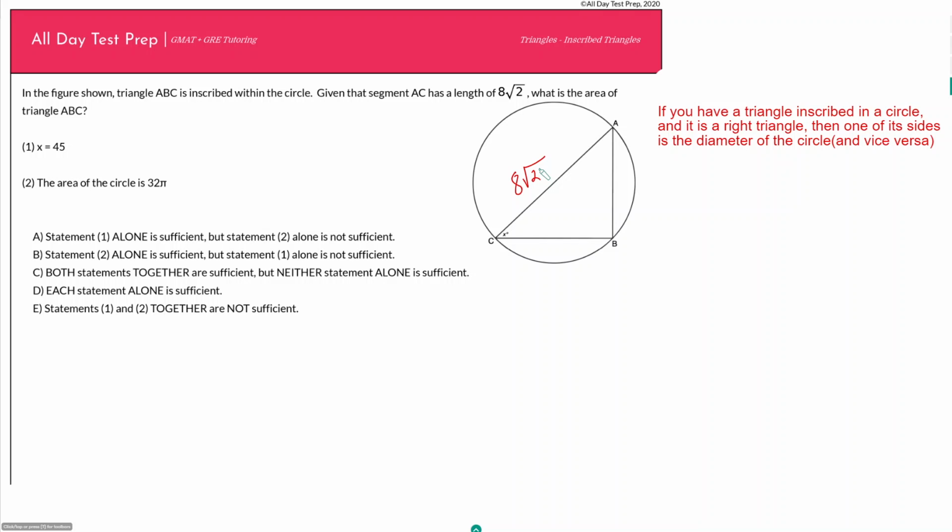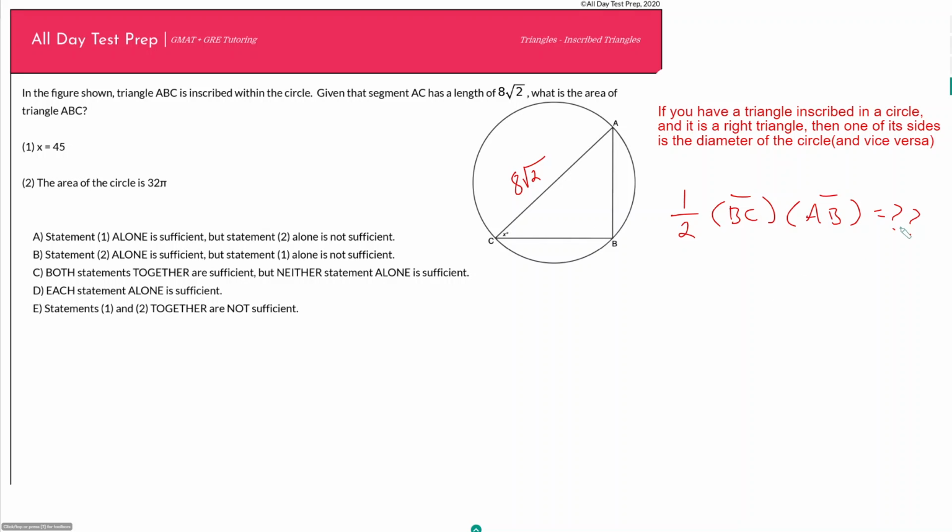And so what you might be saying to yourself is, okay, I know the area of a triangle is 1/2 base times height, which in this case means I need to find 1/2 BC, because BC is my base, times my height, AB. You could then say, okay, I just need to find these two things, BC and AB.